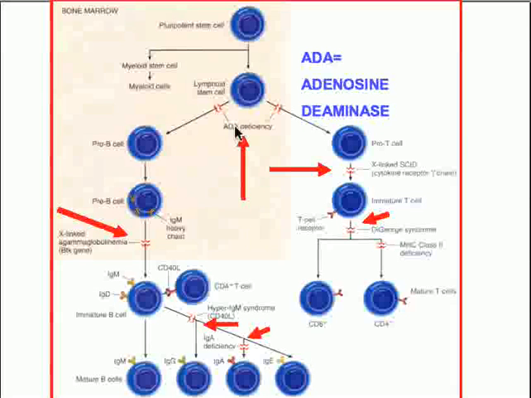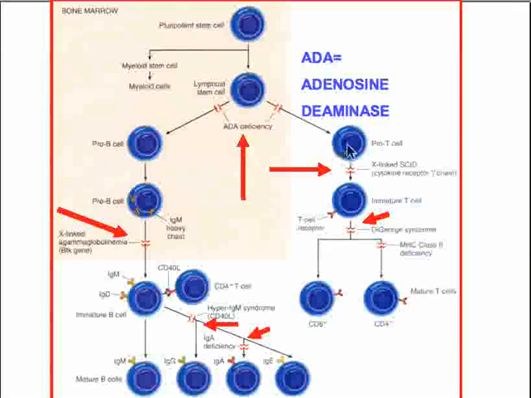Well, let's say there was an enzyme called ADA, or adenosine deaminase, which would enable that cell to differentiate in either the B or the T direction. Let's say there was a genetic deficiency of that enzyme. Well, now you're understanding the basic process.